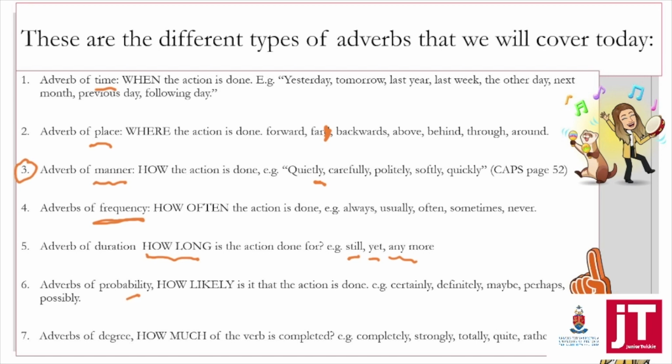Adverb of probability. Okay, how likely is it that an action is done? Certainly, definitely, maybe, perhaps, or possibly. Okay, let's think of an action where it can differ depending on the day. I'm going back to swimming, because sometimes it's a very enticing idea, hey, to jump into the pool.